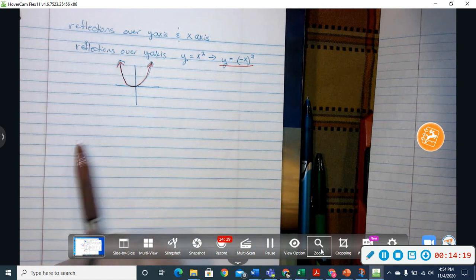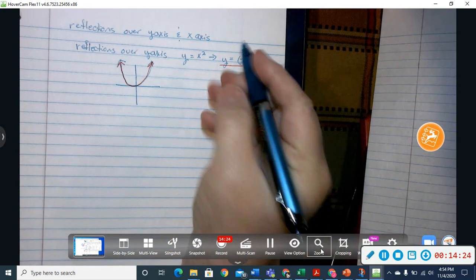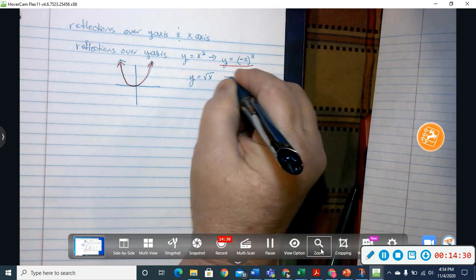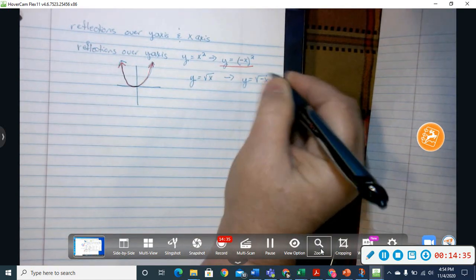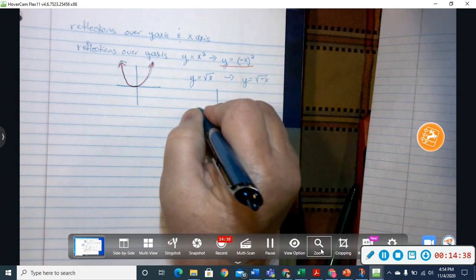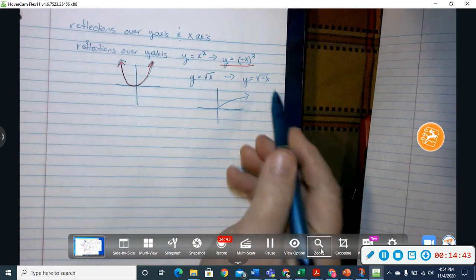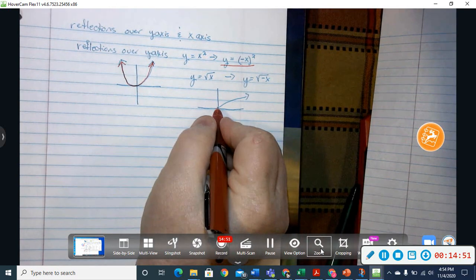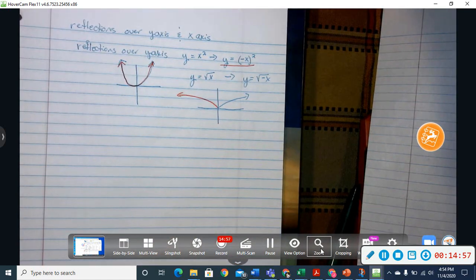And other types of graphs, for example, like a square root graph, that has a reflection, that graph, which normally looks like this, when that is reflected over the y-axis, you can visually see that reflection occur.